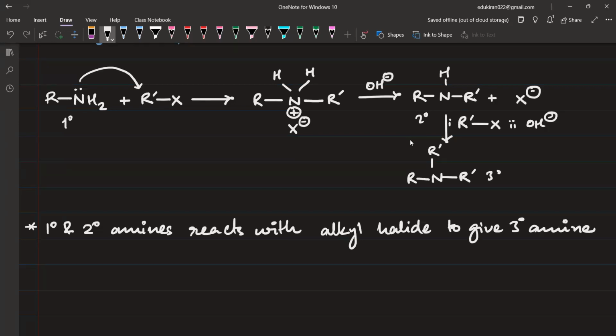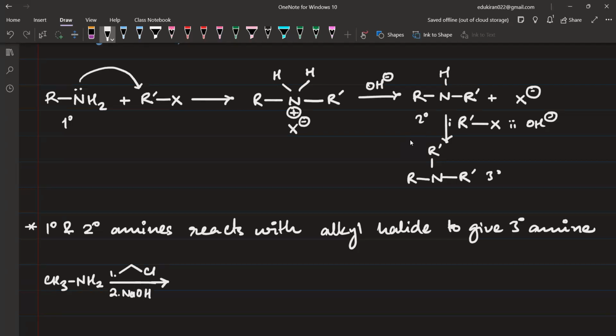Now let us suppose we have a very simple compound, that is CH3NH2. In the first step, I am adding ethyl chloride, CH3CH2Cl, and in the second step I am adding NaOH.